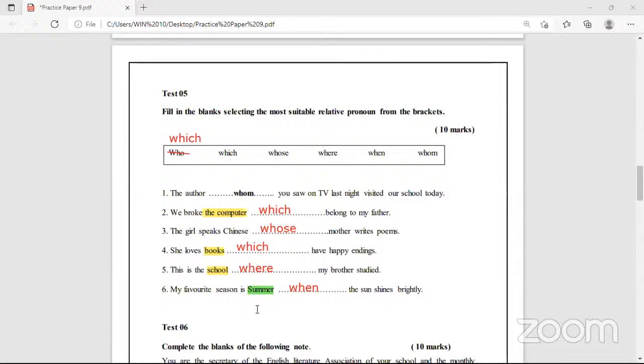It's a note. You have to go through the question and complete the note there. That is somewhat easier than writing a note. So you have to complete the blanks of this note. Please go through the question first and do it quickly. I will clear the answers here.